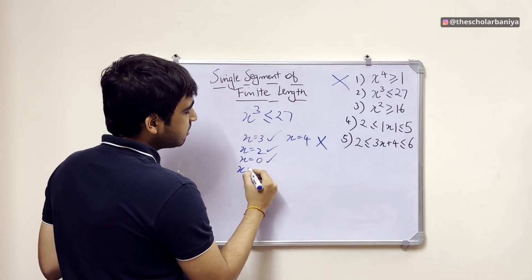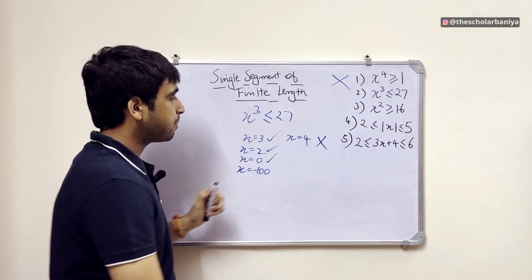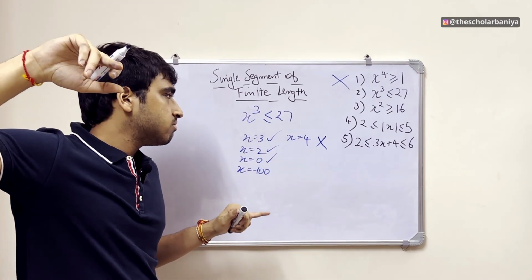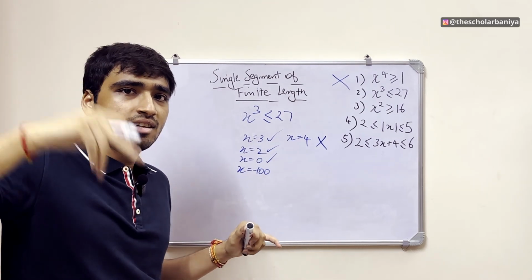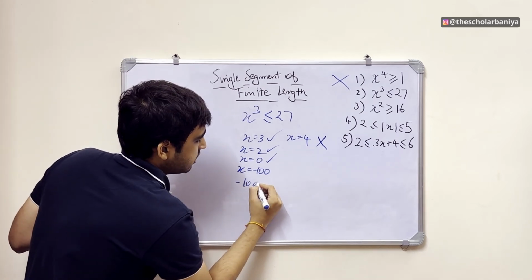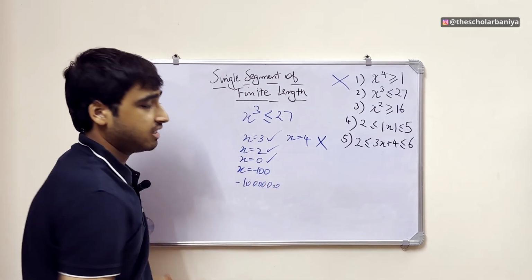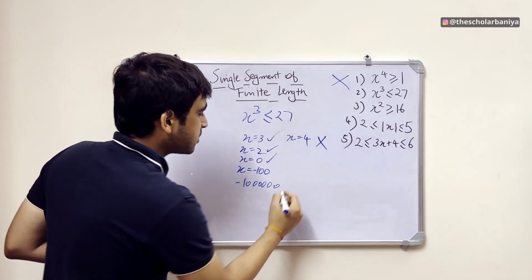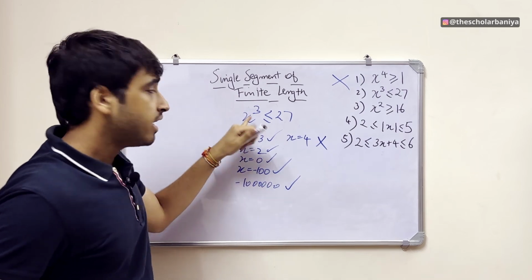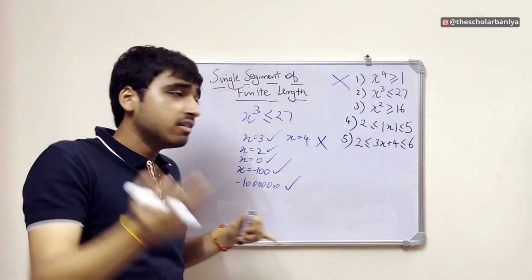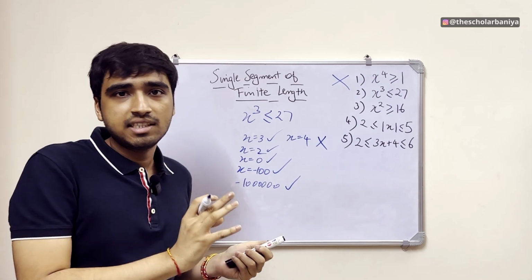If you take x equals -100, then -100 to the power 3, which is 6 zeros, is -1000000, basically. So even this is less than 27, so this is also true. If you take minus infinity, then minus infinity to the power 3 will also be less than 27.